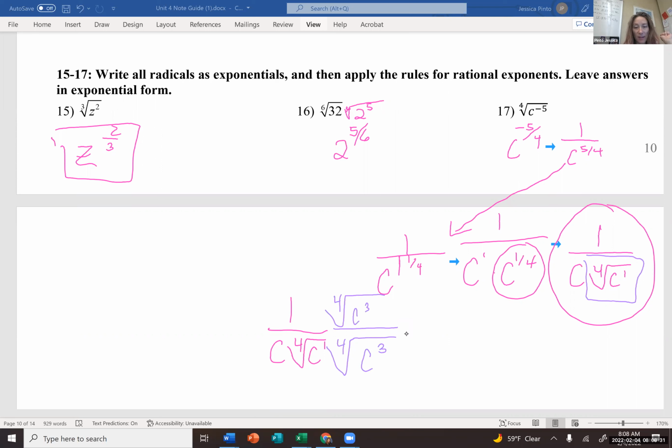This gives me 4 and 3. I've got c, just like before. And then I've got the 4th root of c to the 4th power, which is going to cancel out and give me another c to the 1st power.